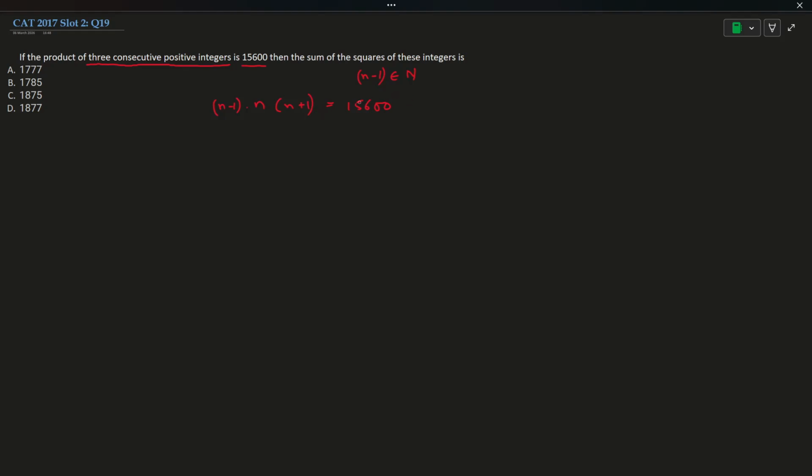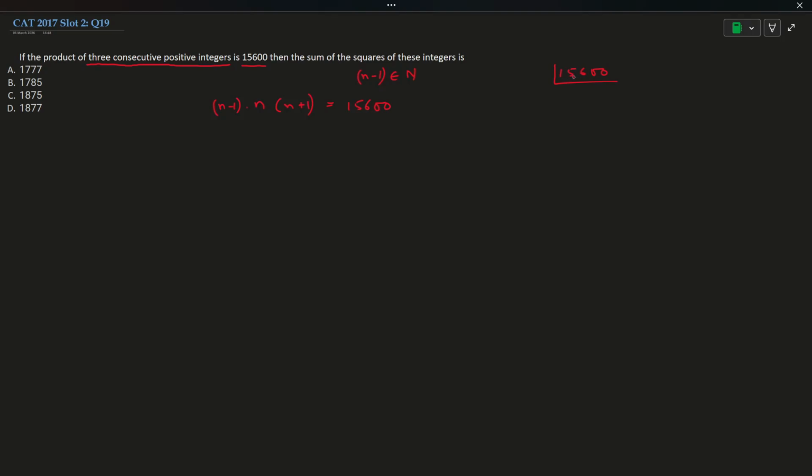At first it might look like a quadratic equation, and indeed this is a quadratic equation which you can solve by trial and error method, but a better way to solve this question is to first prime factorize this. So this can be written as 100 into 156, my bad, no issues. Is it divisible by 3?